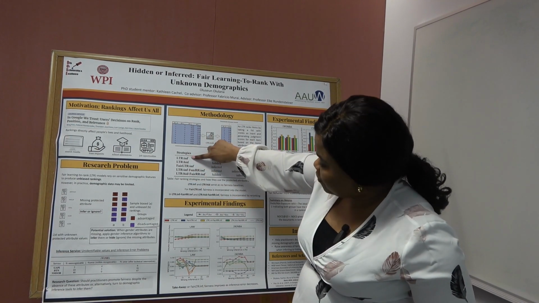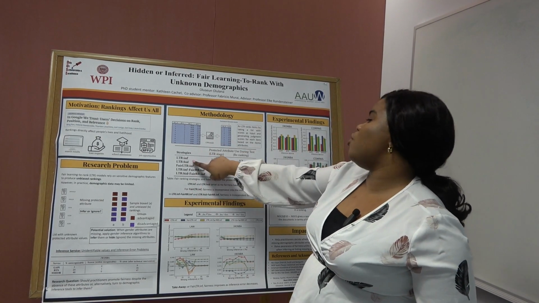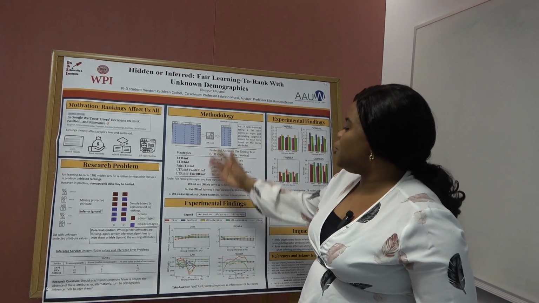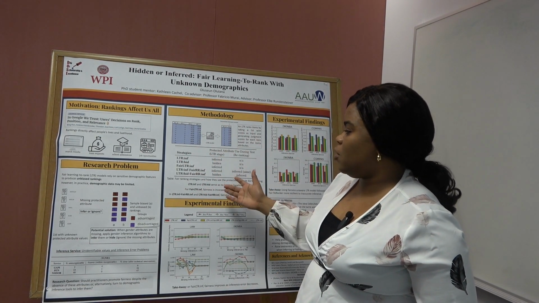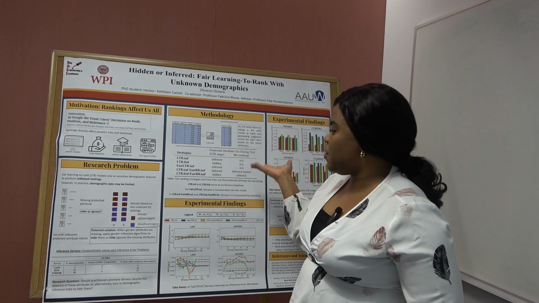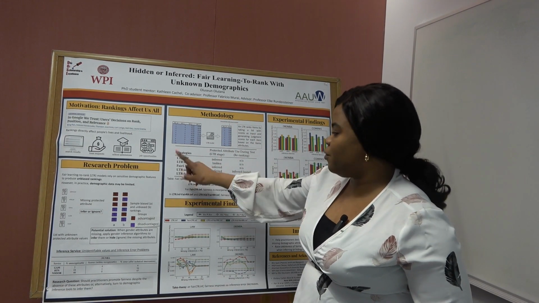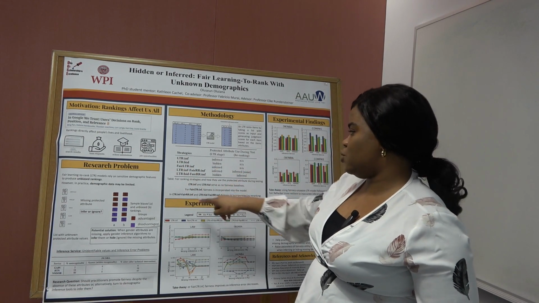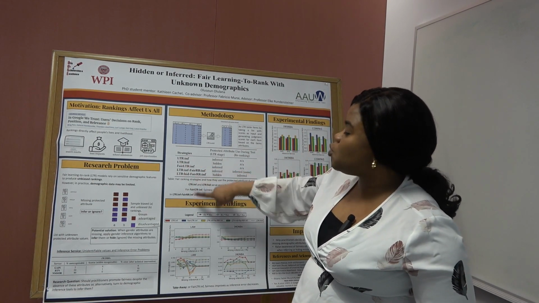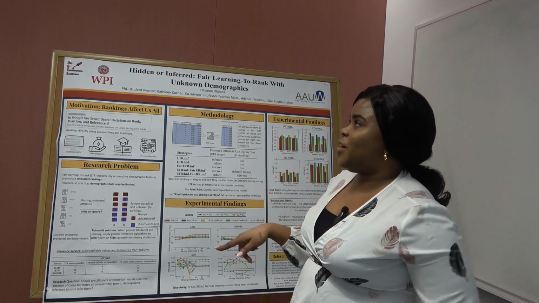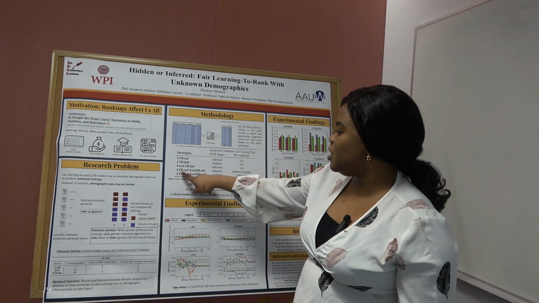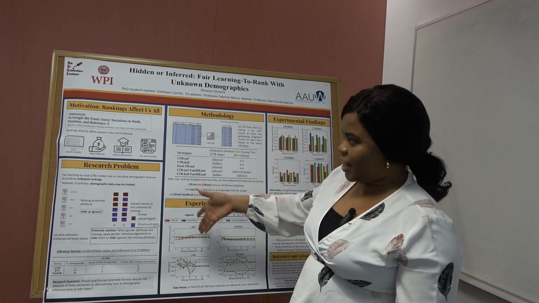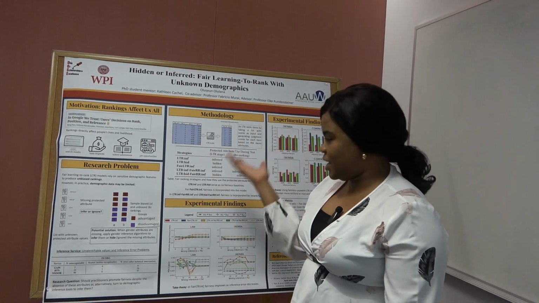The first one would infer the demographics, and the second one would hide the demographics. Then for the other models, the first one was a fair learning to rank algorithm, so we had the fairness incorporated into the model, and for the other ones we incorporate the fairness after we've used the learning to rank algorithm to rank the results.